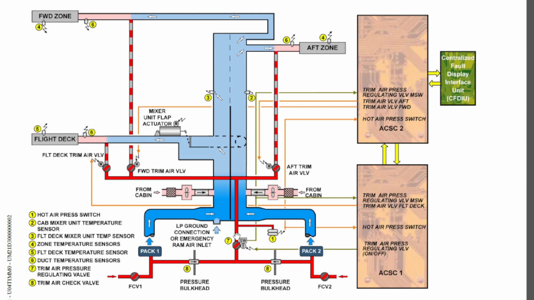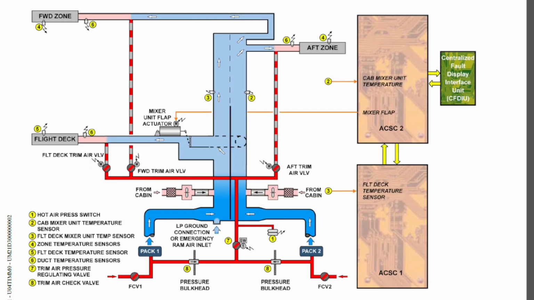That means if the trim air pressure regulating valve closes, the flight deck trim air valve will close, the forward zone trim air valve will close, and the aft zone trim air valve will also close. So basically those are the main components you will find when you talk about the trim air system.